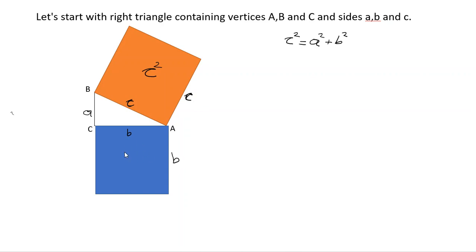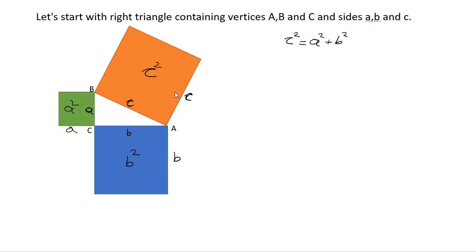So b times b gives us this area, b squared. Now if we move on to side a and do the same thing, we add a square, bam, we get an area again, because a times a gives us a square.